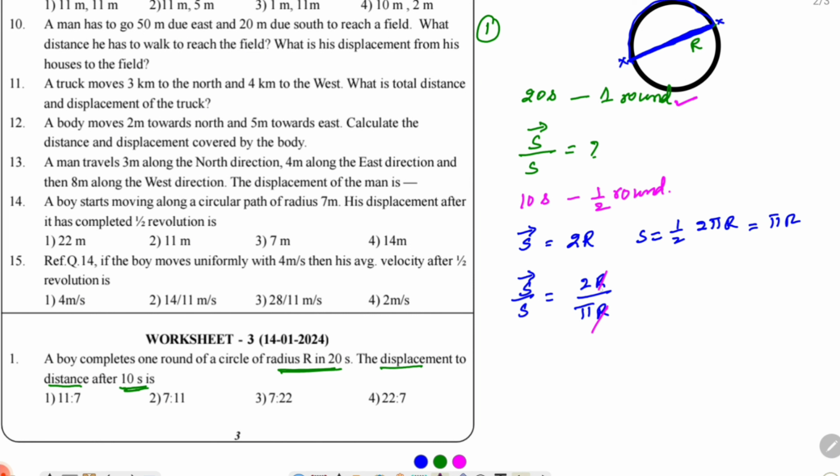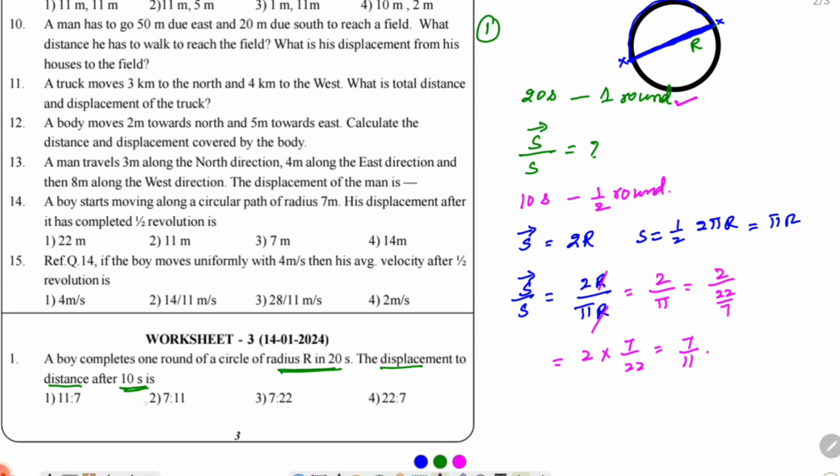Cancel r and r, which is 2 over pi. We can write the value of pi as 22 by 7, which is 2 times 7 over 22, which is equal to 7 over 11. So the ratio is 7 over 11.